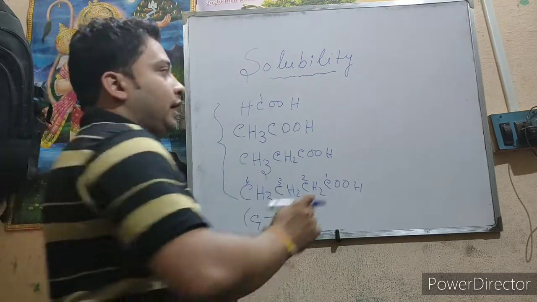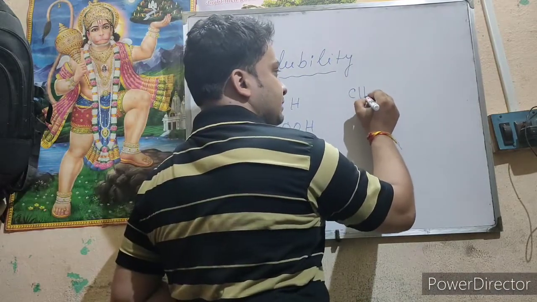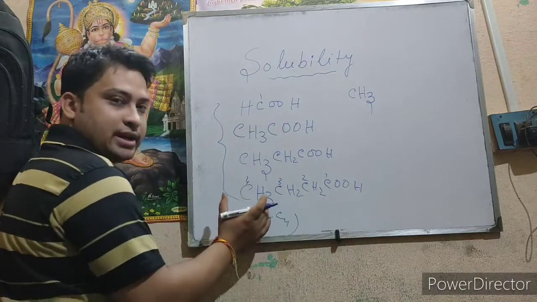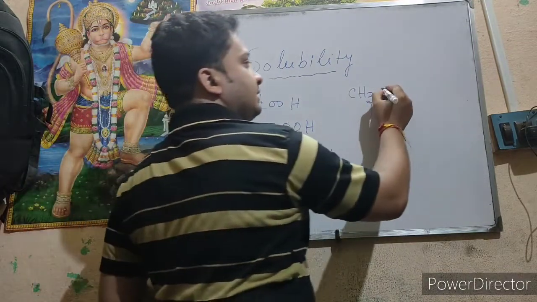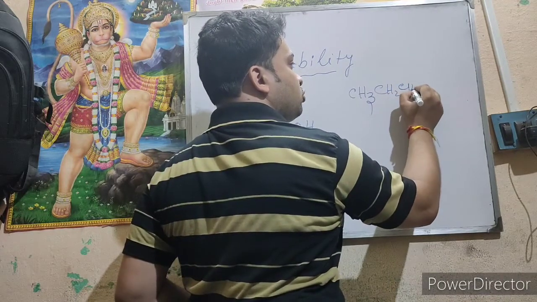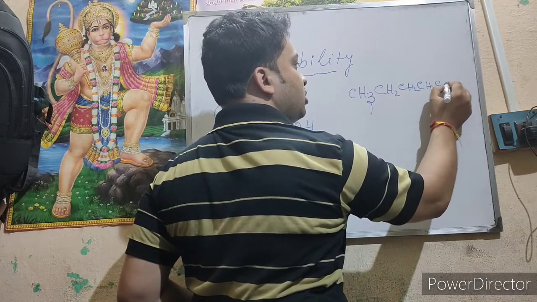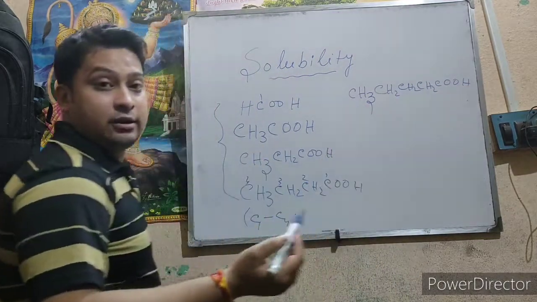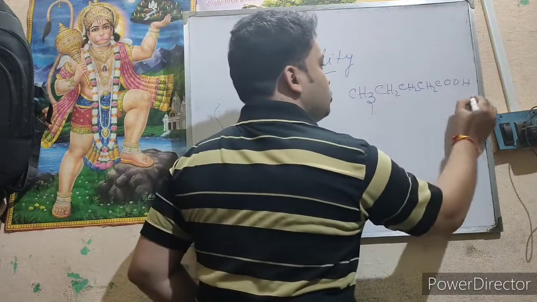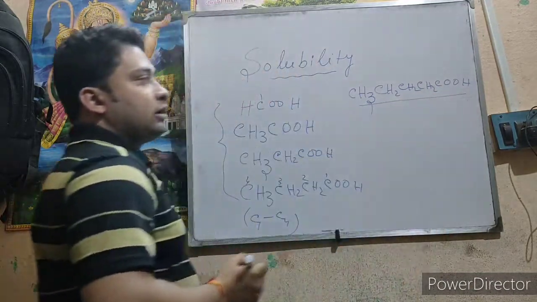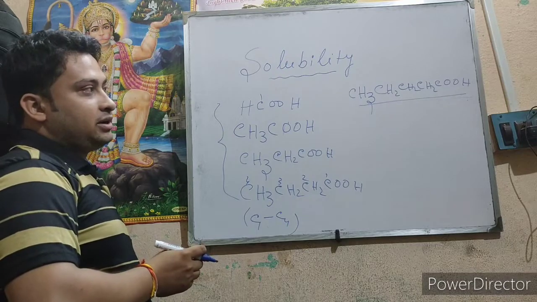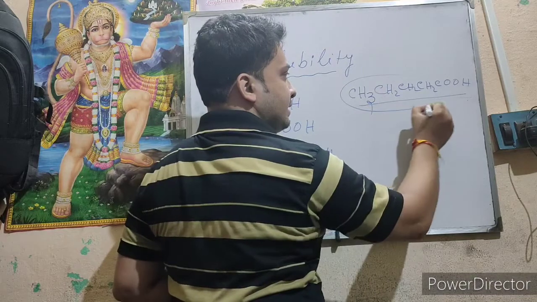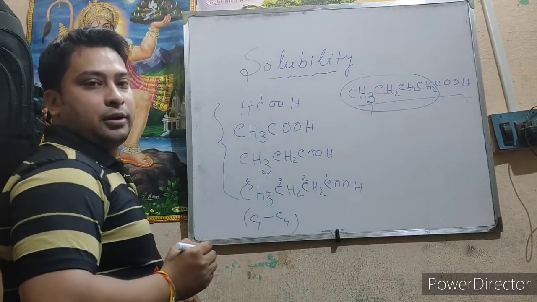But when it goes to carbon 5, after butyric acid comes pentanoic acid, that is CH3CH2CH2CH2COOH, 1 2 3 4 5. From pentanoic acid onward, it cannot show solubility in water, because this part is non-polar.